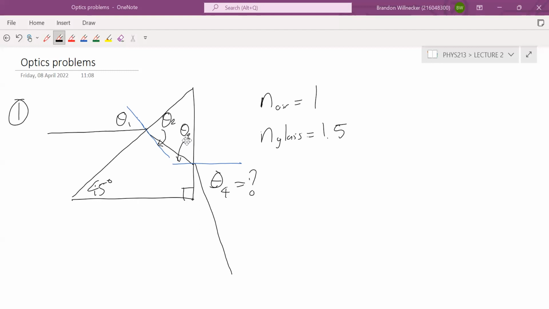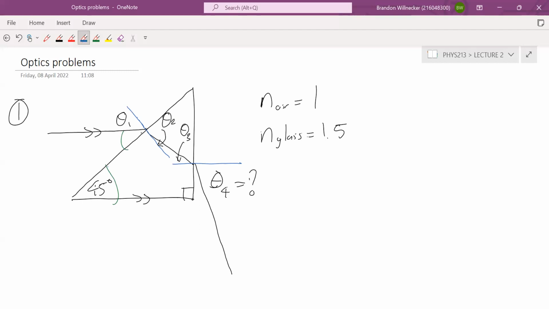Okay, so we need to find out what this theta 1 is. Okay, that's not given to us. But what we do know is that this incidence ray is parallel to the base of the prism. So we can use alternate angles, to use a different color. If this angle is 45, then this angle is also 45 by alternate angles.